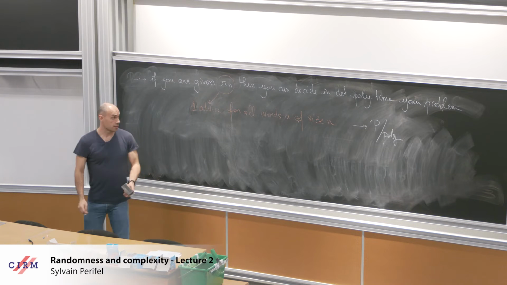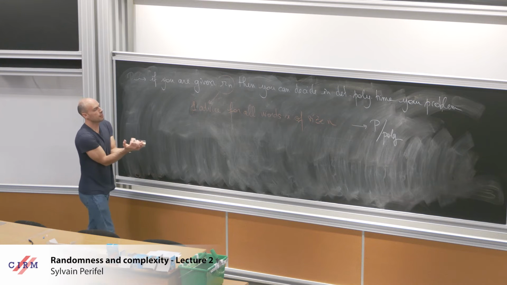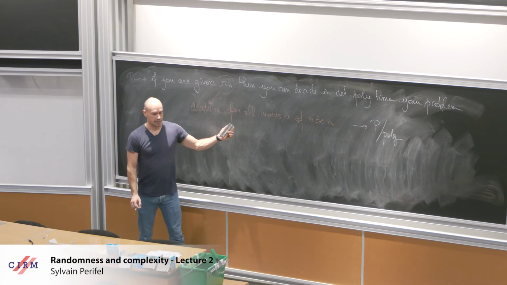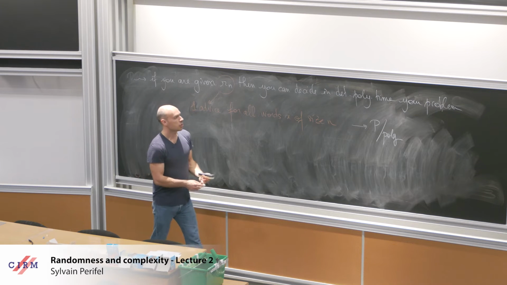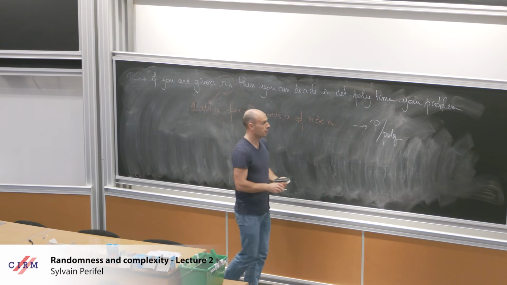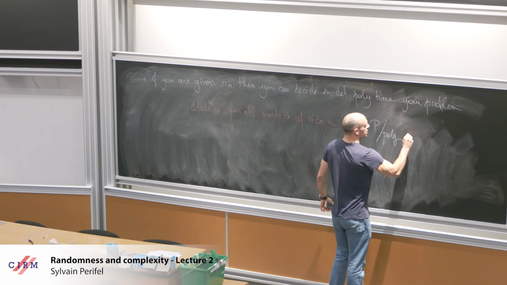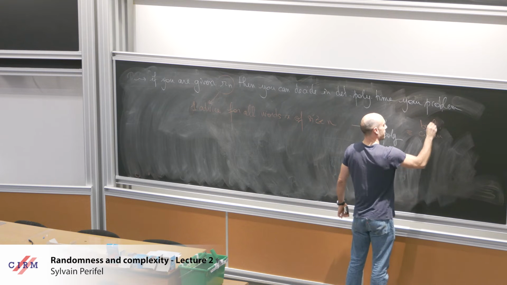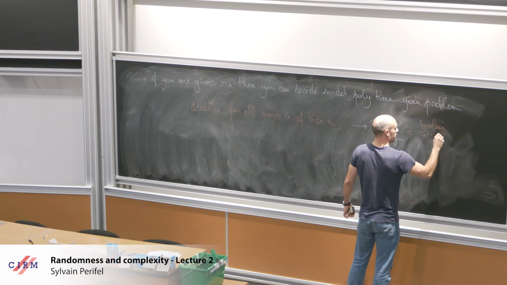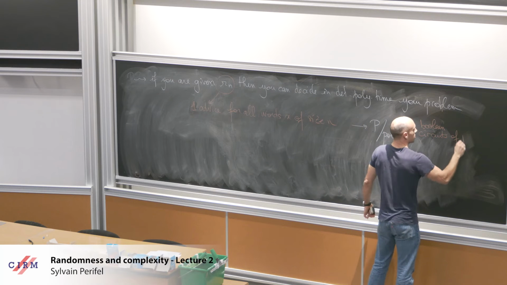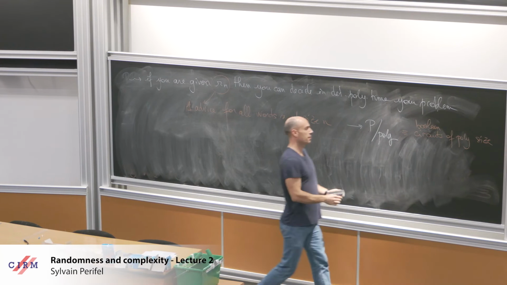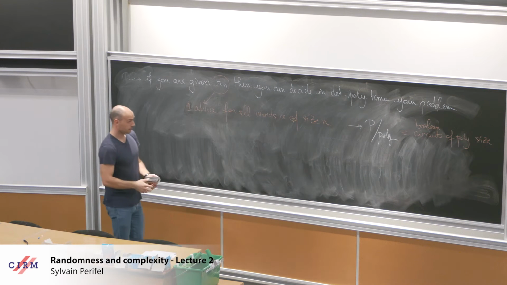This is something that helps your machine, but it must be the same for all words of the same length. And actually, I will not comment further on that, but this is the same as Boolean circuits of polynomial size. So we'll not explain further, but this is the same class.